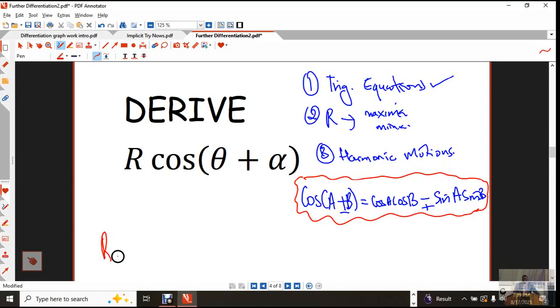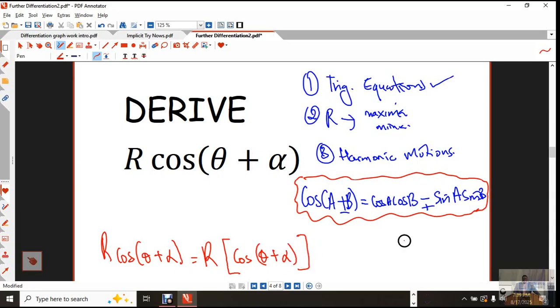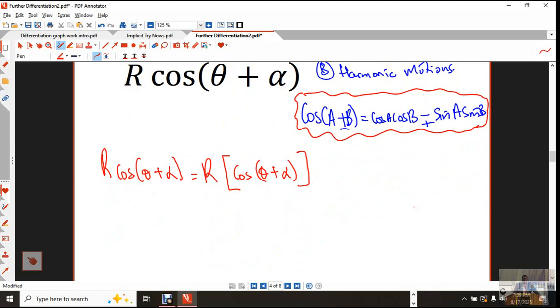So you have R cos(theta plus alpha), where I can take out the R for now. Then I have cos(theta plus alpha). Let's rewrite that underneath.